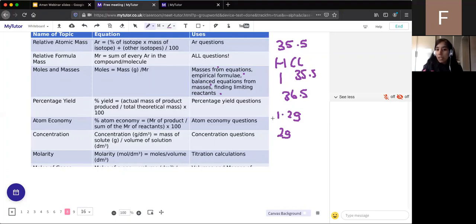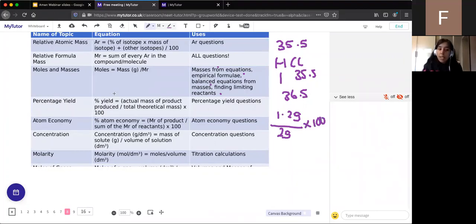But in practice, you won't ever form 2 grams, and that's just because the reaction might be reversible, it might not react all of the reactants, and therefore you don't tend to produce everything that you would calculate that you should produce. So the percentage yield is about how much did you produce over how much is theoretically possible. So here it will be 1.2 divided by 2 times 100.